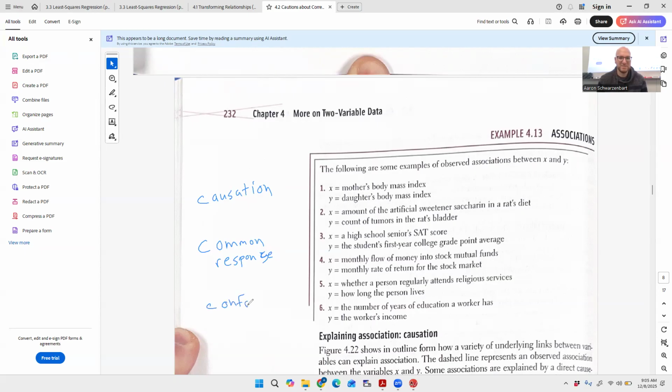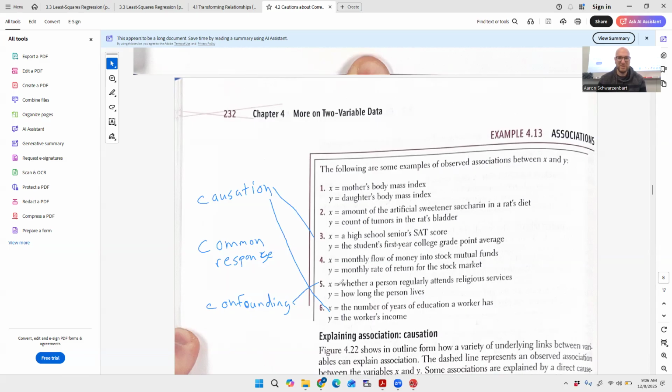Common response means they both have something that causes them. And I think the other causation is number six, the number of years of education a worker has. Confounding is where there might be some causation, but there are also potentially lurking variables.